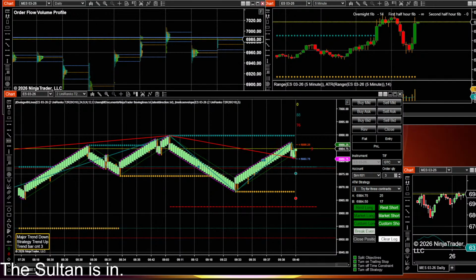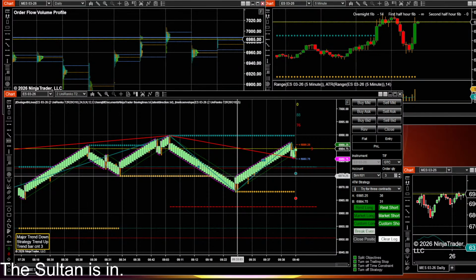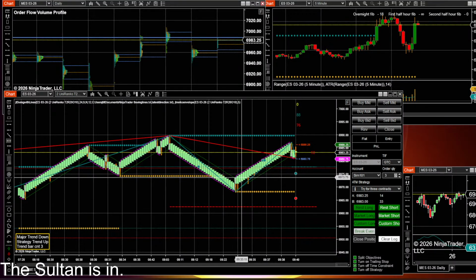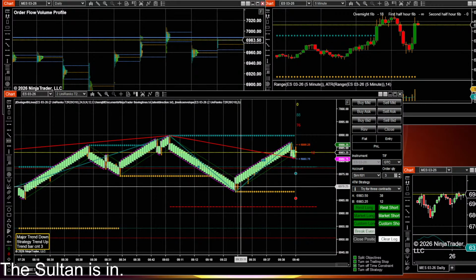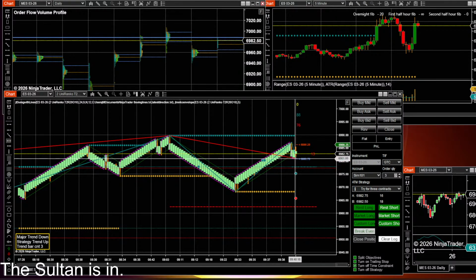So if you're trying to get a 20-point move, you want to get it down here in anticipation of it coming up to the next area of resistance. If you're a scalper, you just take the first pullback and you can make some money that way.